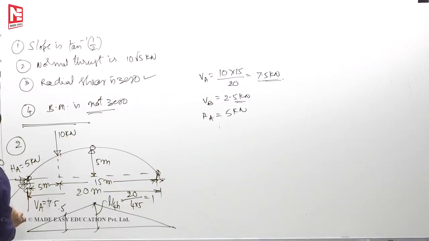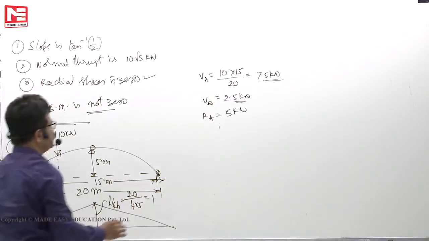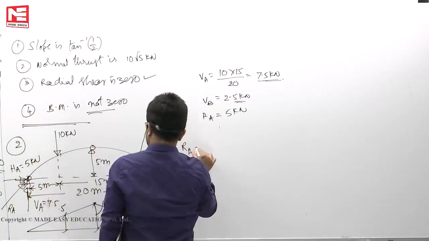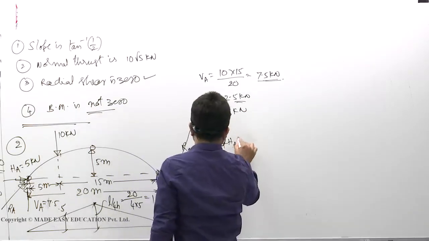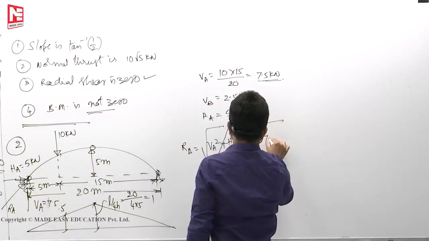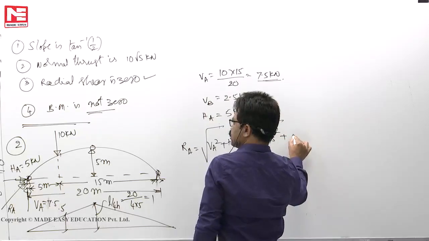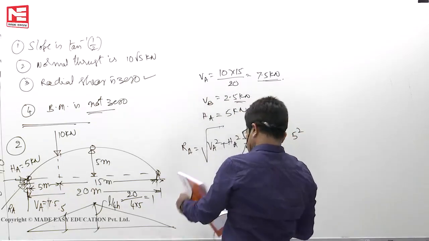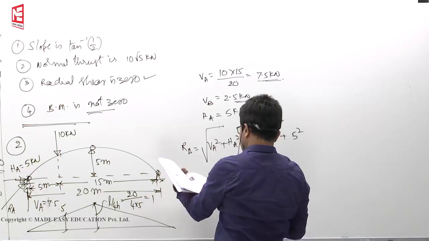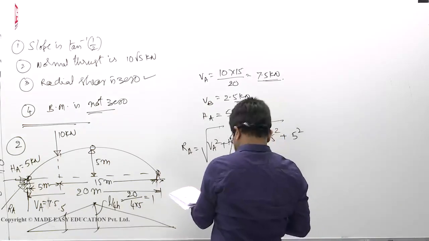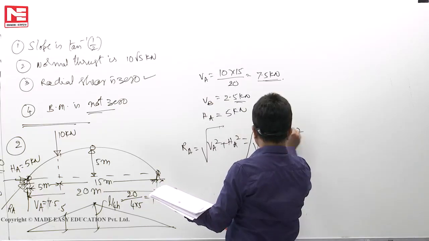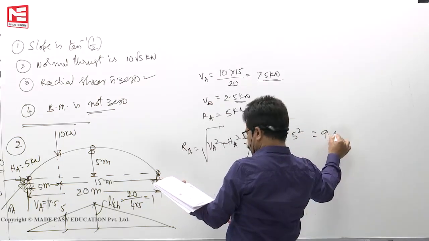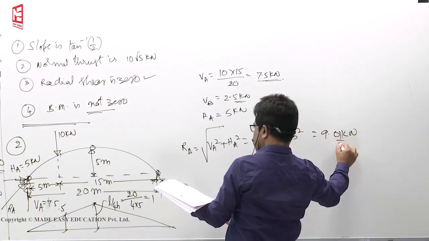Now the resultant reaction RA is equal to square root of VA square plus HA square, 7.5 square plus 5 square. So the first two things are ruled out. C and D are ruled out because you got 7.5. So this value must be 9.01 kilonewton.